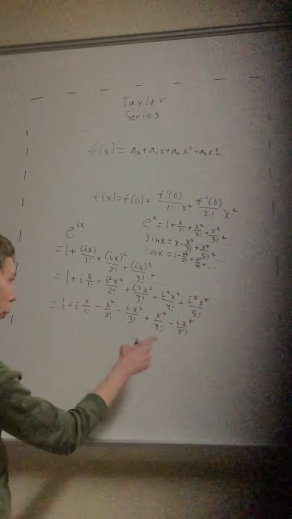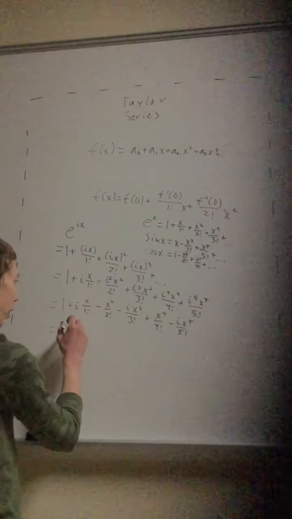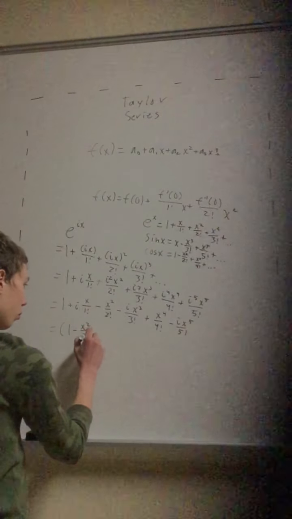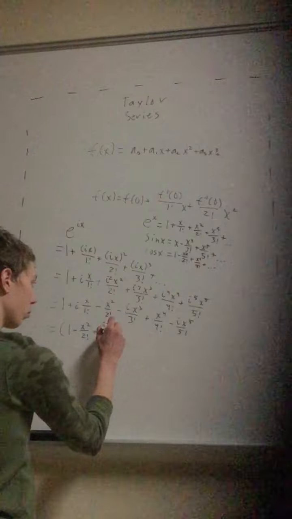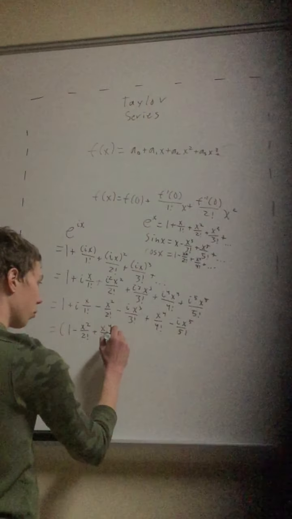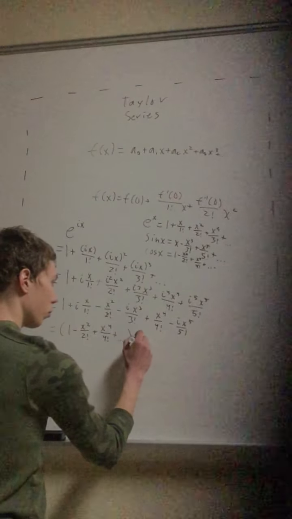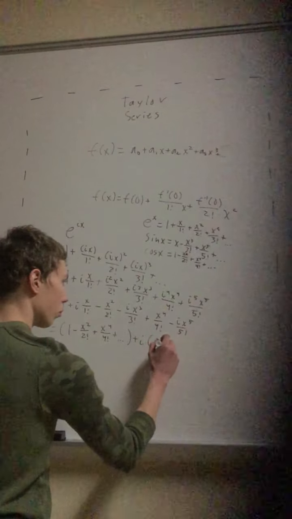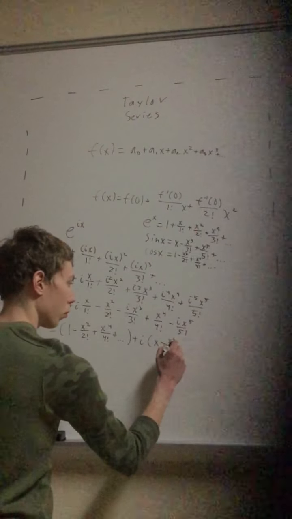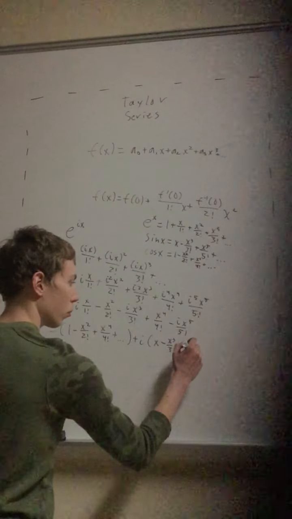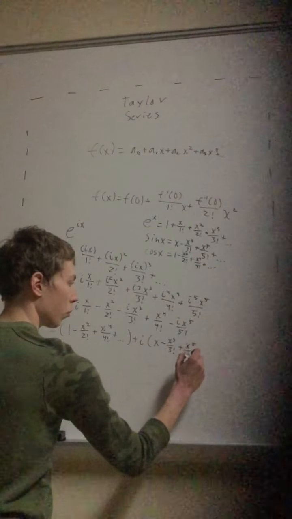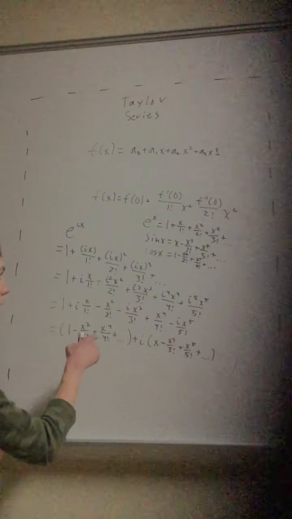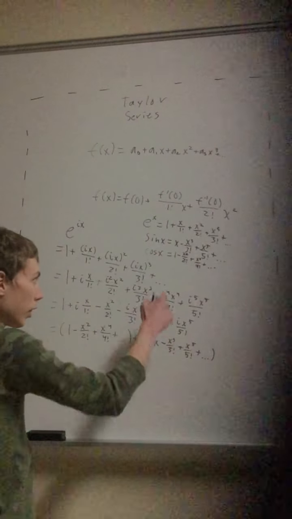Now we just group the real things and the imaginary things and factor out i. And this is a series for sine, and this is a series for cosine.